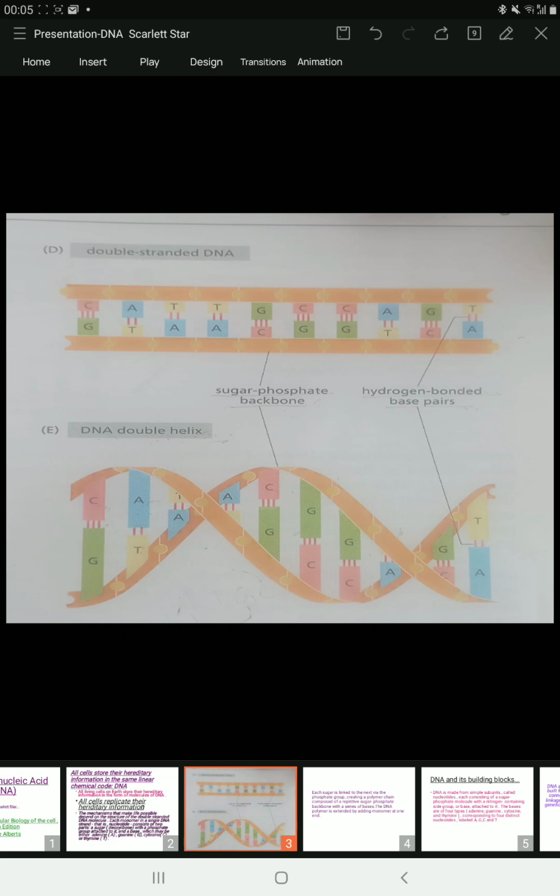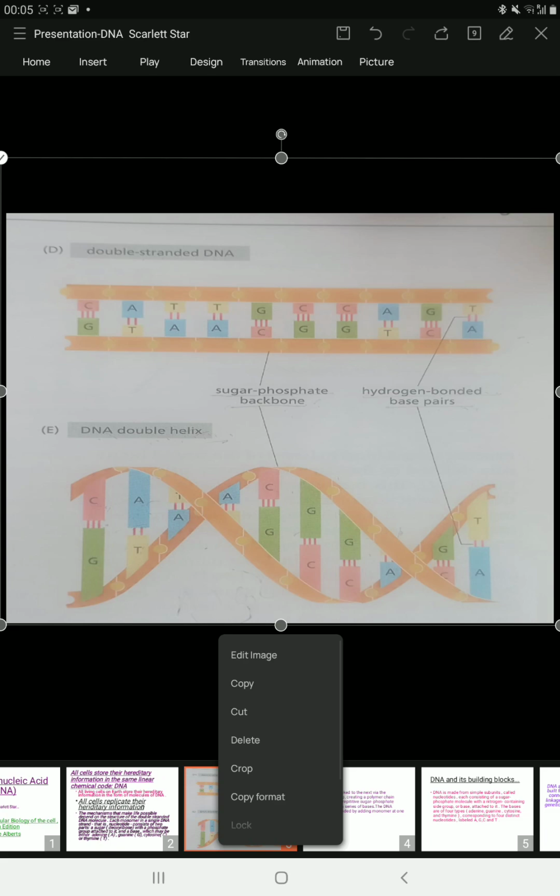Like we can see, A bonds to T and C bonds to G. It's a triple bond when G bonds to C, and it's a double bond when T bonds to A. And this is the sugar phosphate bond, which is mentioned in the diagram. And this is double stranded DNA, with hydrogen bonded base pairs.